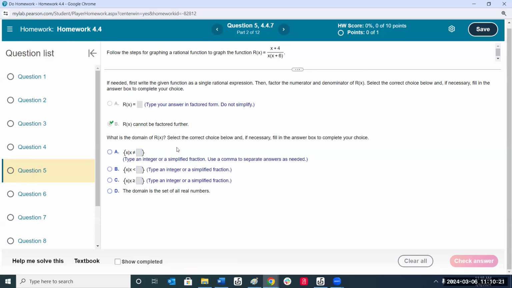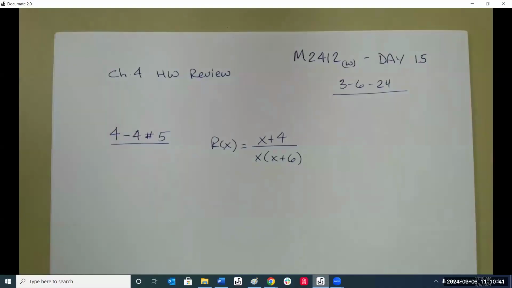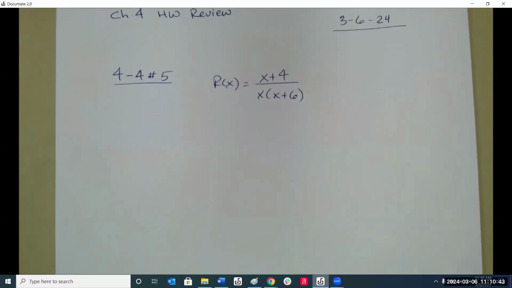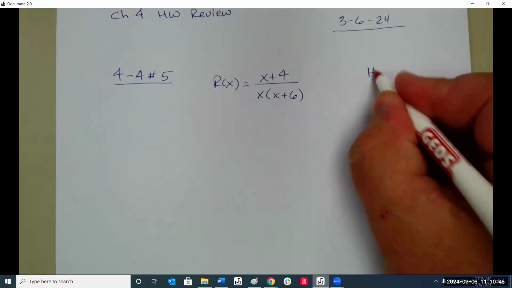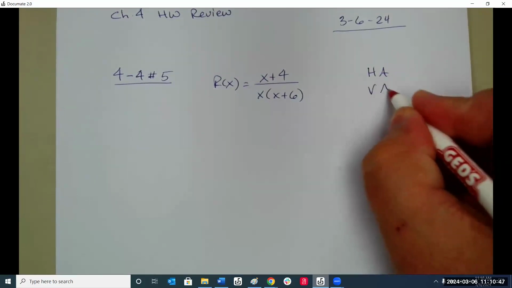Okay. What is the domain of r of x? Select the correct choice. So how do we figure out the domain here? Well, we have to first find these.